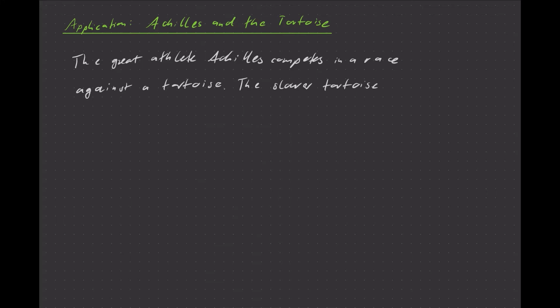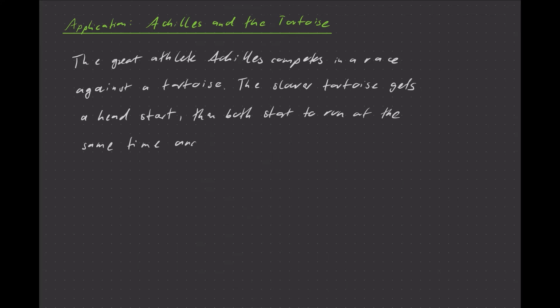The slower tortoise gets a head start. Then both start to run at the same time. And we'll assume they run at constant speeds.